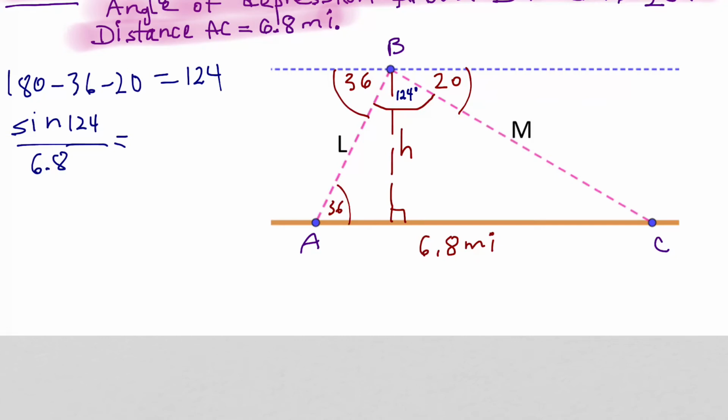All right, and I've got that set up over here as well. Parallel lines cut by a transversal, alternate interior angles are congruent. So that's familiar from geometry. All right, so I've got some angles there. So I can set up law of sines for either L or M. So let's do L first. So the sine of 124 over this side, 6.8, is equal to the sine of 20 over its opposite side, L.